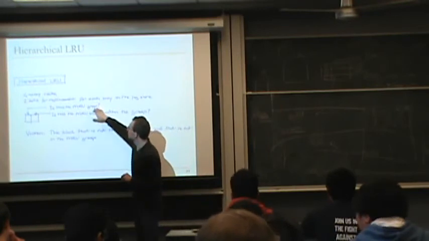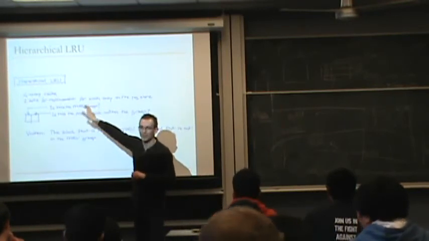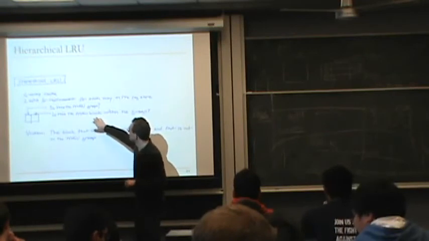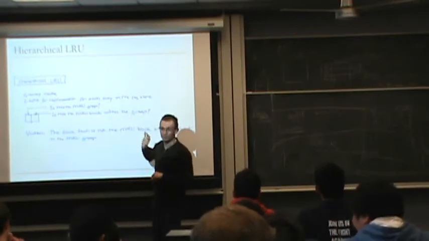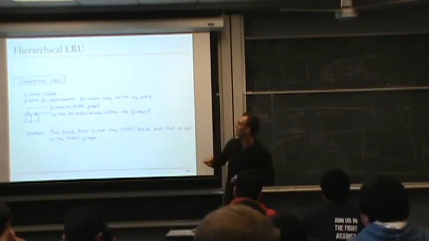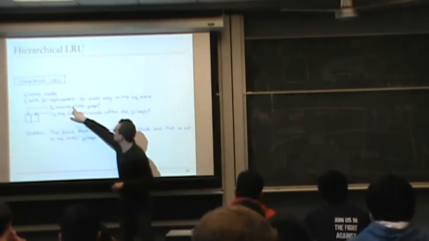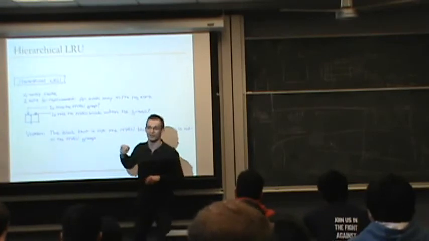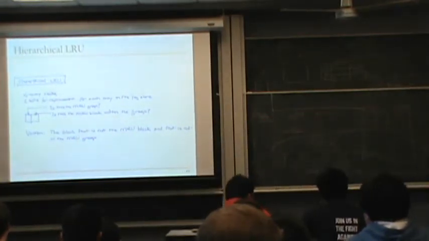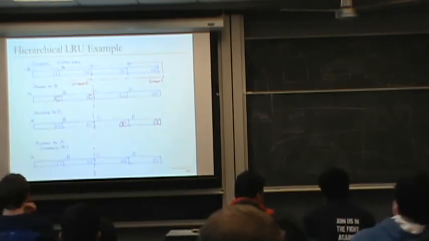Is this the MRU group? Actually, it works better if you do 8-way, but 4 ways as a generic case. And is this the MRU block within the group? The victim is always the block that is not in the MRU group, and that's not the MRU block within the group. Does that make sense? And you set the bits accordingly through the access.